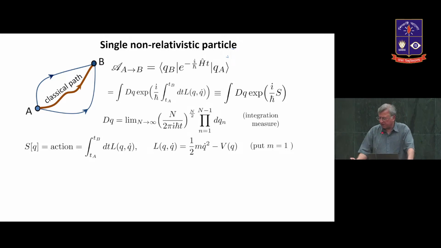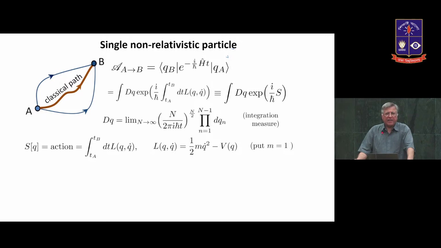All that is in the book by Feynman. So that's the usual way of doing things. But you see, there's a problem because the evolution operator is e to the i H t divided by Planck's constant h bar.